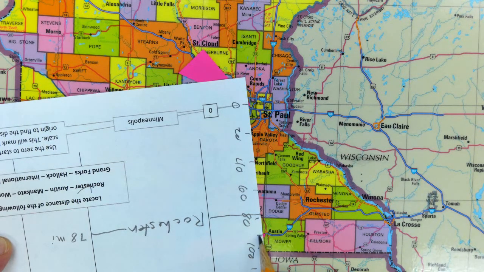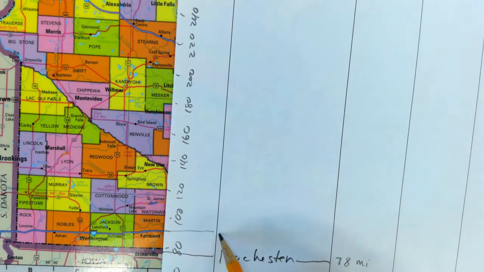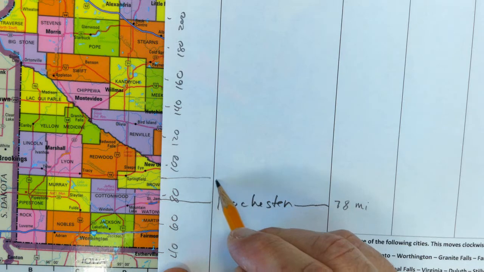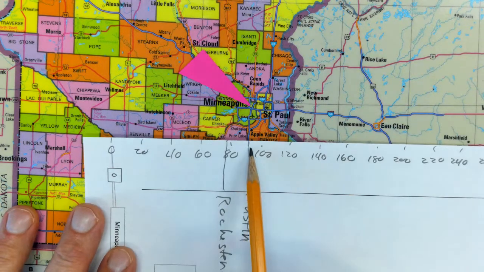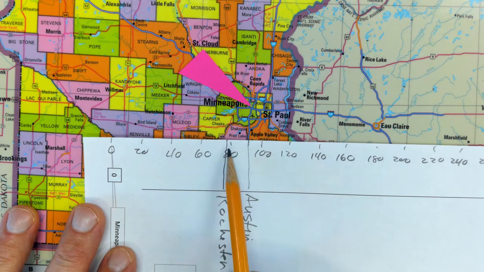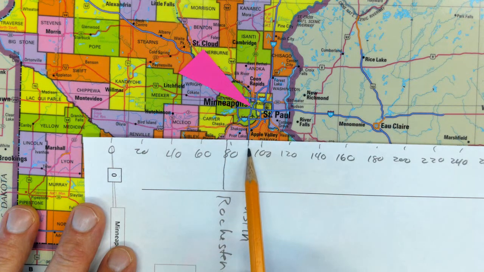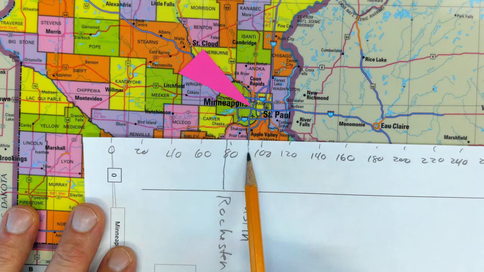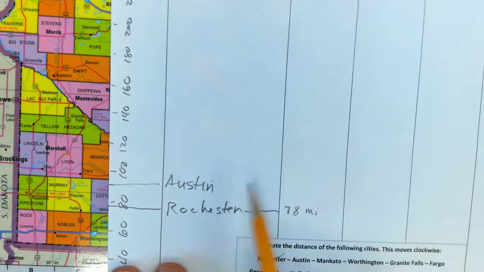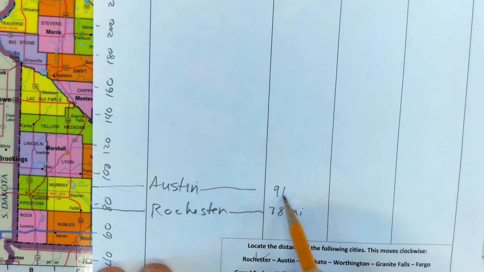Make a line going across. Write Austin. Now let's look here. So here is 100, here's 80. It's just a shy past the halfway point between 80 and 100 is 90, so let's just say 91. So I'll draw a line here, right, 91 miles.